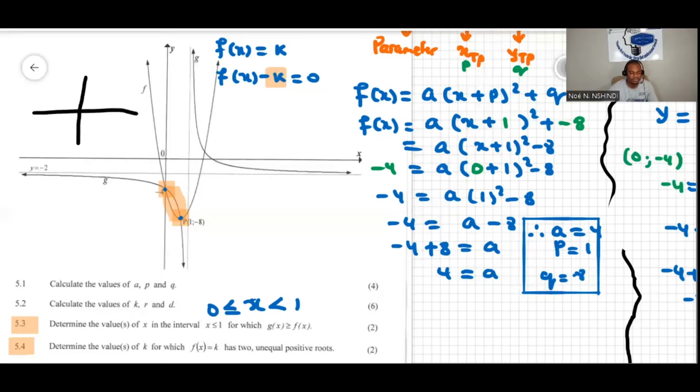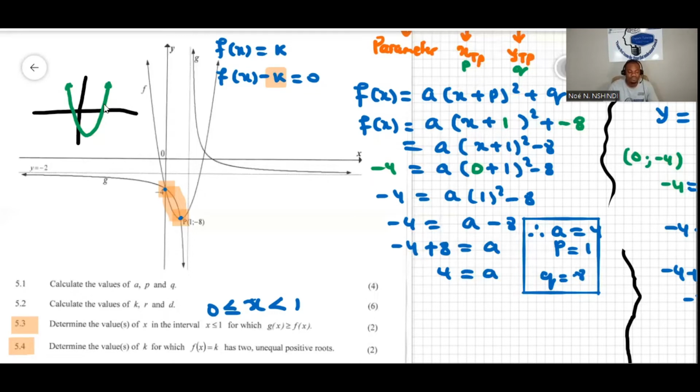The graph cuts like this and then goes up there. We want to find the vertical shift that will make this parabola have 2 positive and unequal roots. Here we have a negative root and a positive root there.